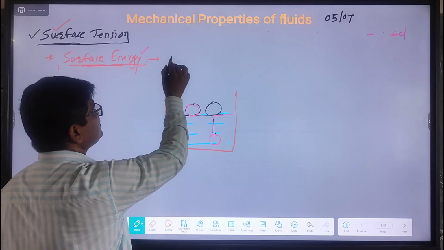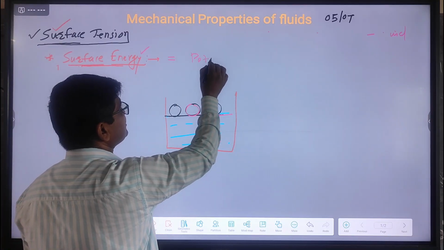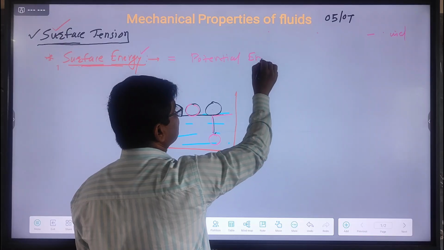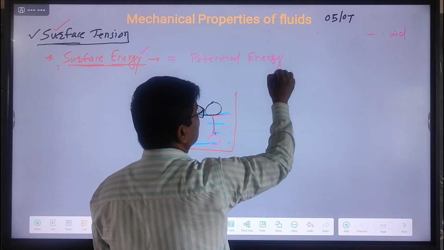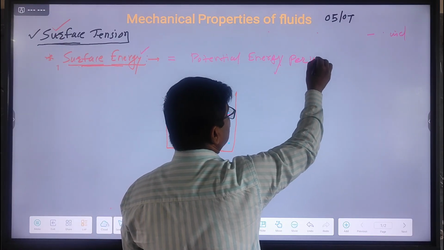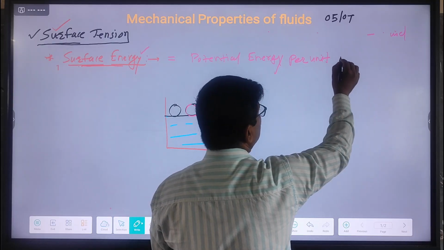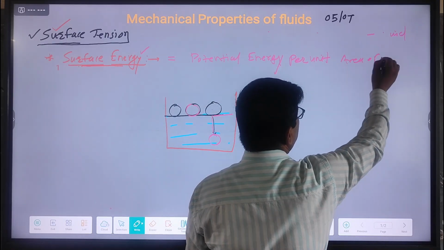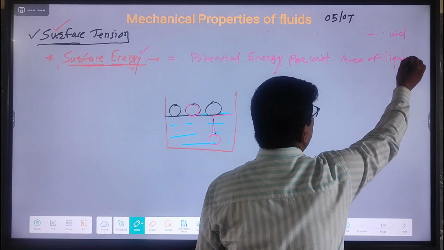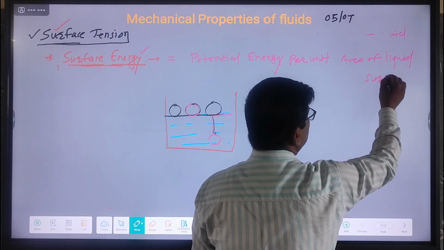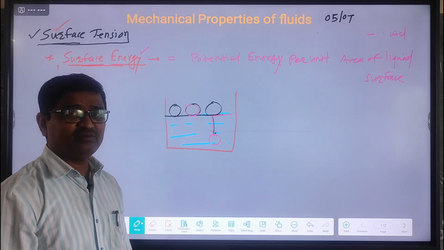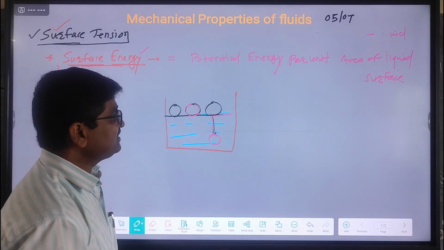Surface energy means what? The potential energy per unit area of the liquid surface. So potential energy per unit area of the liquid surface is called surface energy.